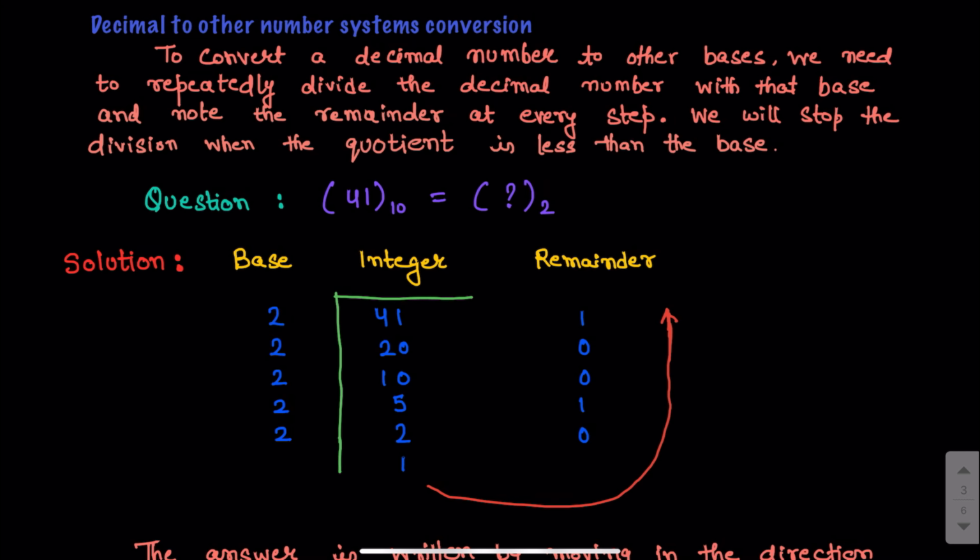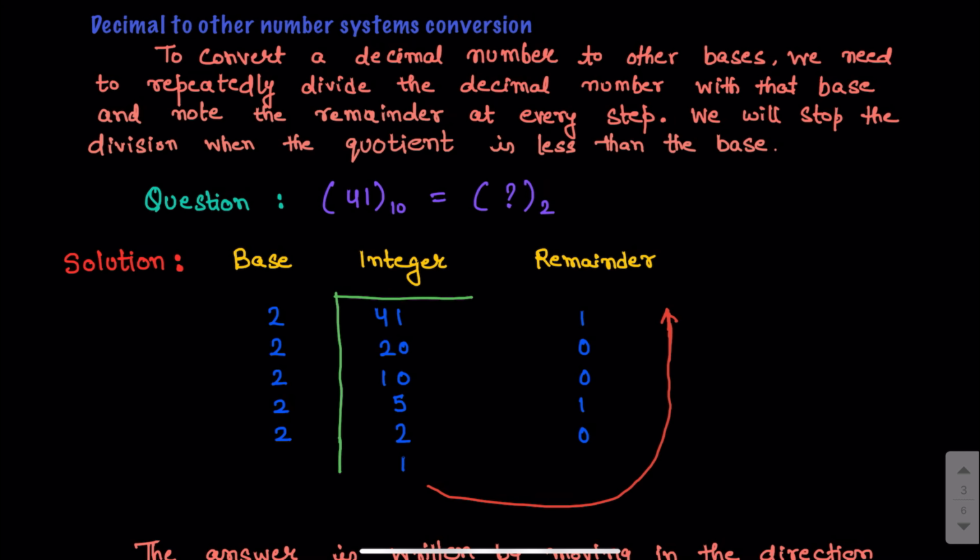I start to divide and you know that 2 into 20 is actually 40. So 41 minus 40 is 1. So basically I'm writing the quotient here and I'm writing the remainder here. So I keep doing this process and I'll stop whenever this quotient that I obtain is less than the base.